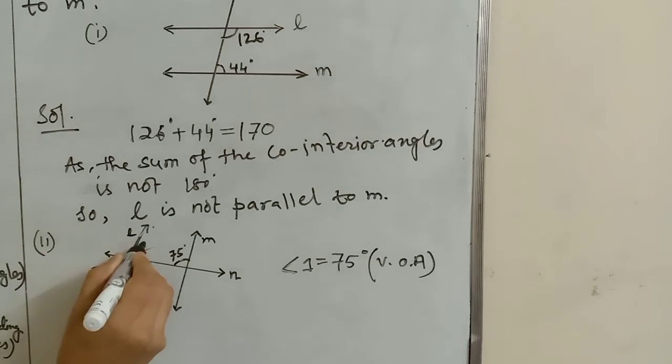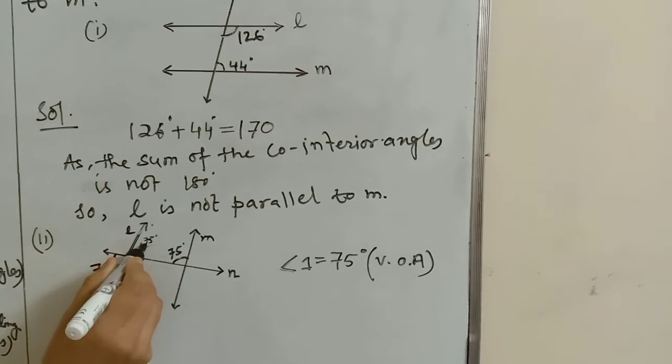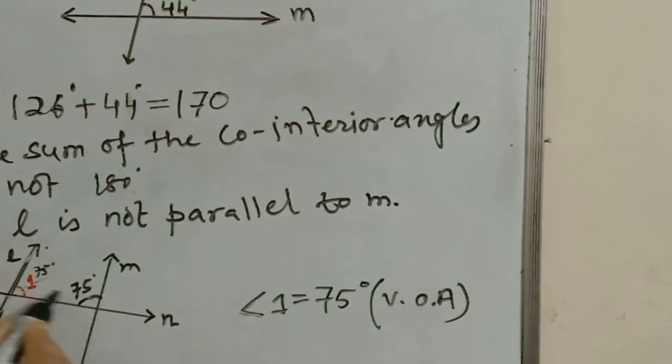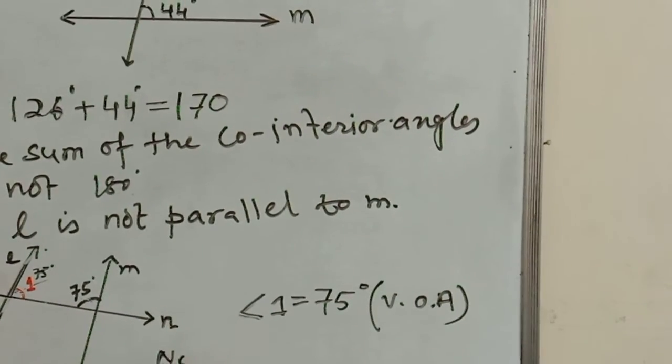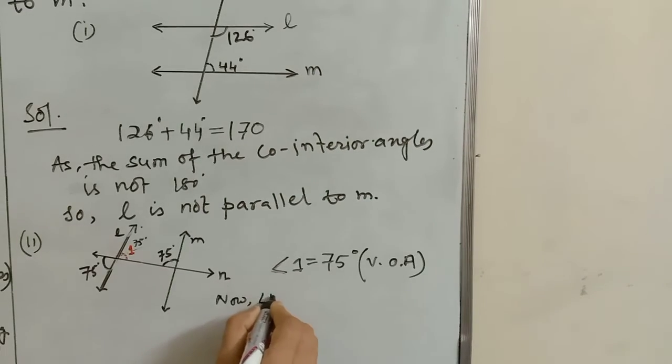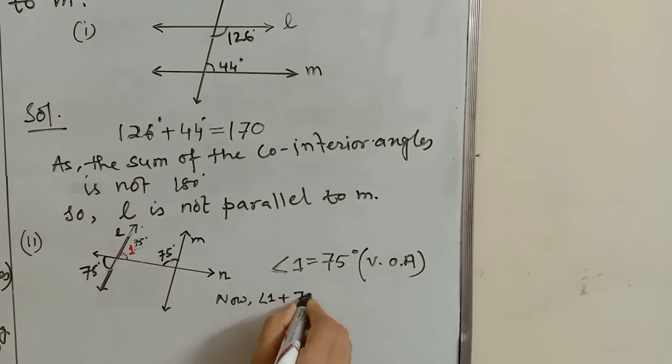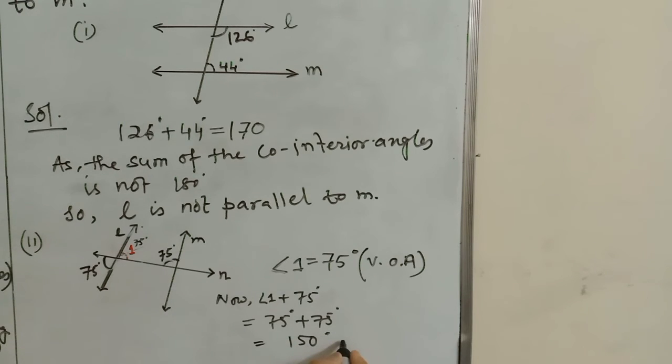Now, this is also 75 degrees as it is a vertically opposite angle, and if you add these two, do you think that it will be supplementary? Let's try. Angle 1 plus this 75 degrees. The value of angle 1 is 75 degrees, plus 75 degrees, that is 150 degrees. It is not supplementary.